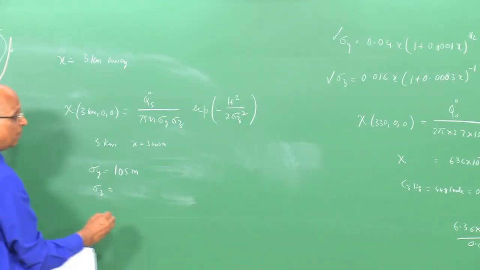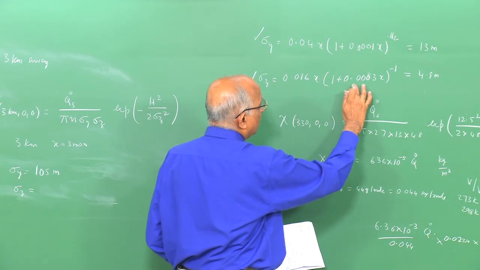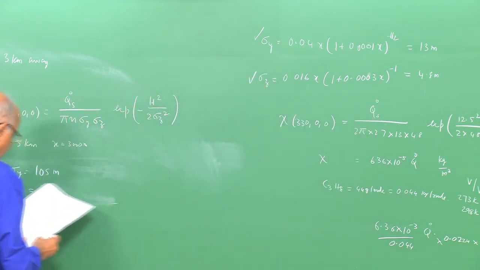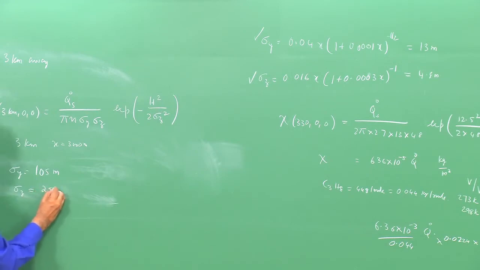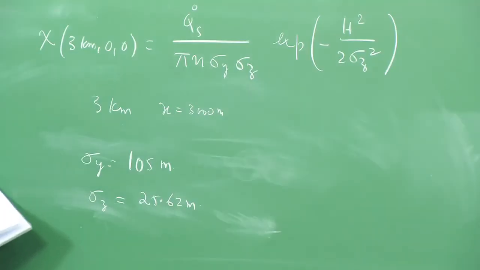Sigma z, if I calculate 0.016 x into 1 plus 0.003 x, where x is equal to 3000, the value is 25.62 meters. And therefore, if I were to write the concentration at this particular distance, I already calculated 30,000 by 60 into 60.